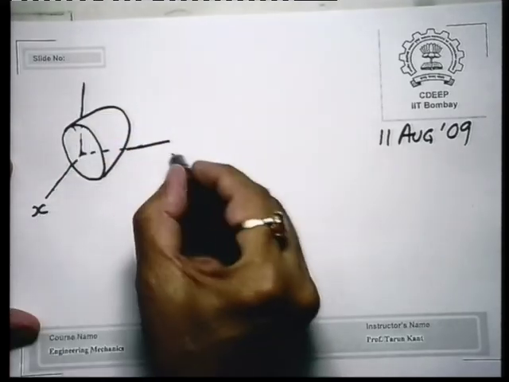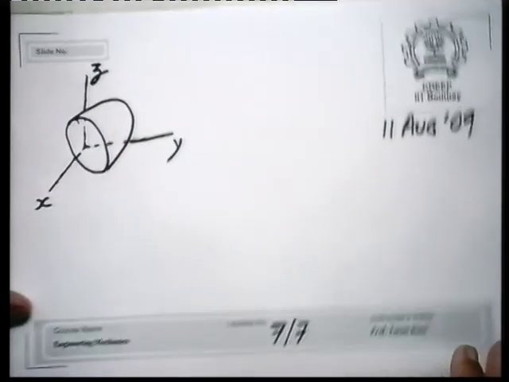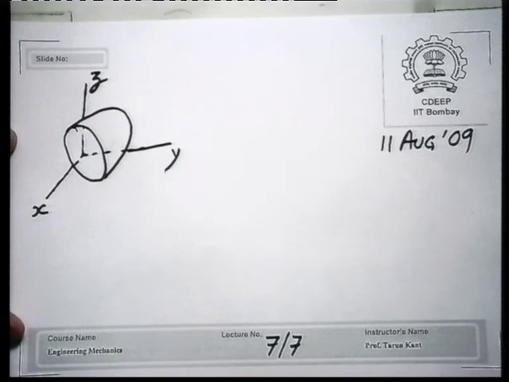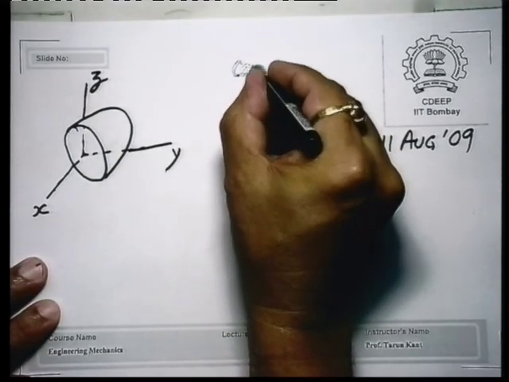Yes, this is the x axis, this is the y axis. So I have cut the plane, because now I want to remain with some part. Let me discuss this problem with reference to the Cartesian system of coordinates x, y, z.